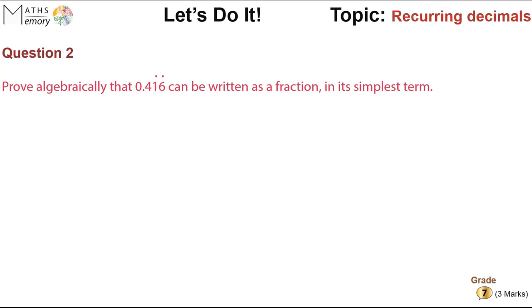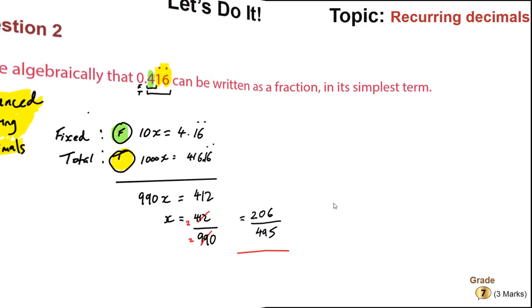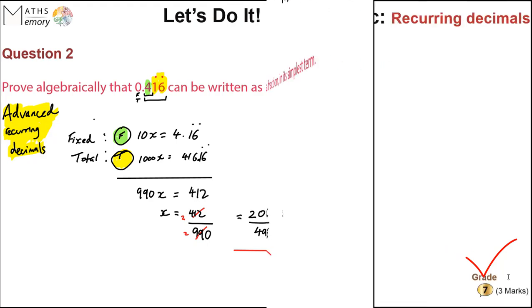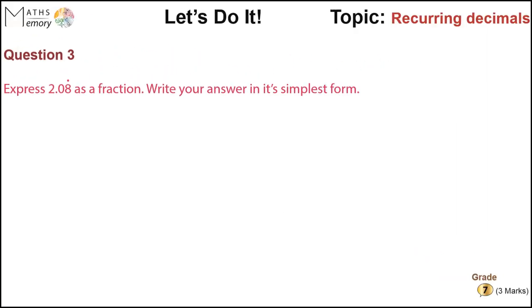So press pause, write this question down, and press play when you are ready. Question 3, let's do it. Press pause, write this question down, and press play when you are ready.